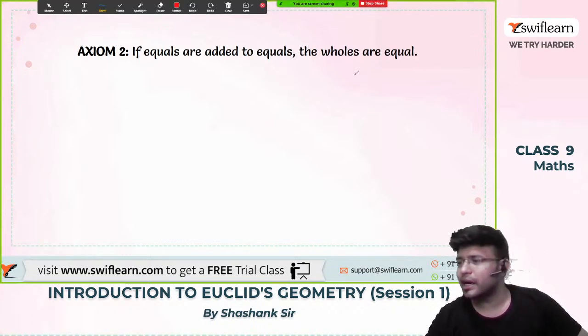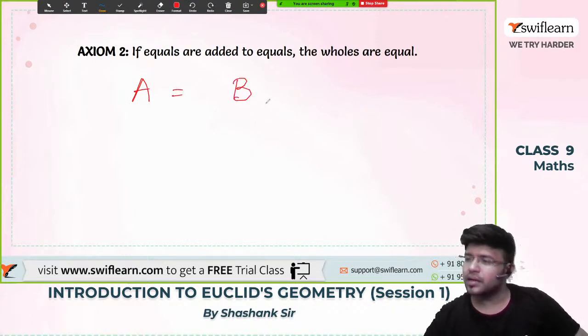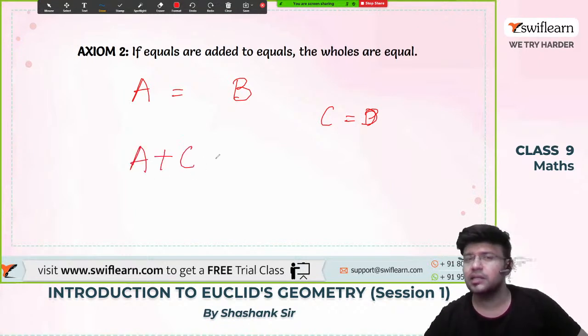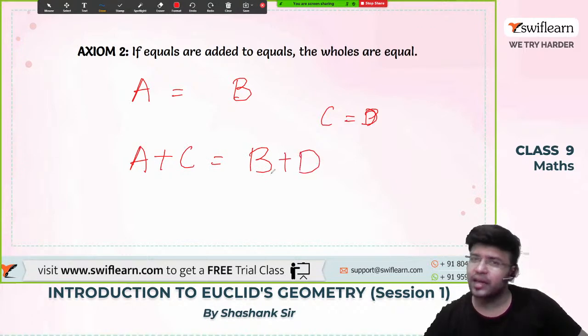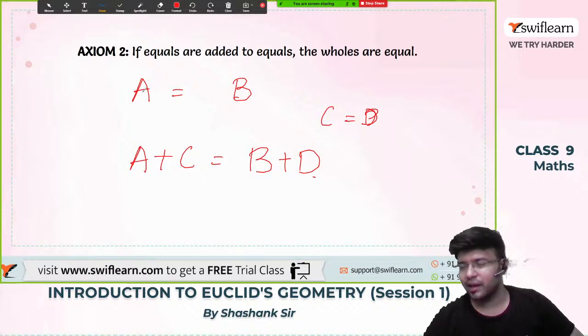If equals are added to equals, let us take an equal: A is equal to B. Let us take another equal: C is equal to D. Now if I add A plus C, will I get B plus D? This is what the axiom says.